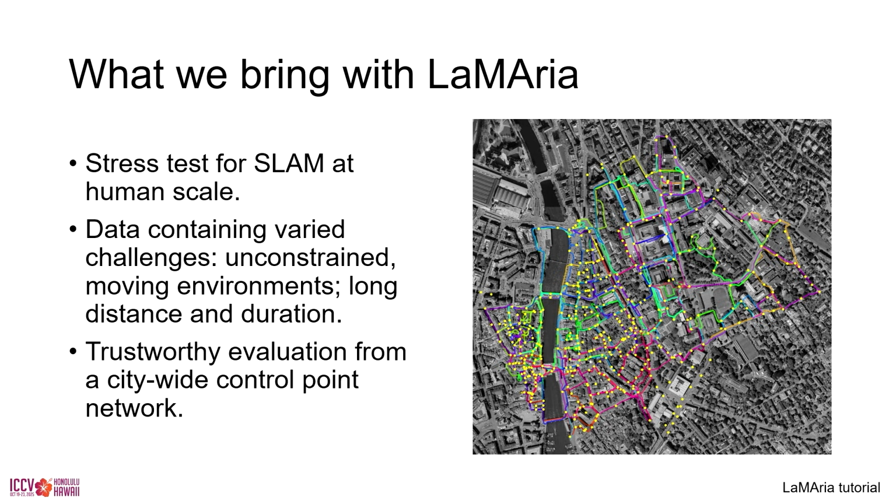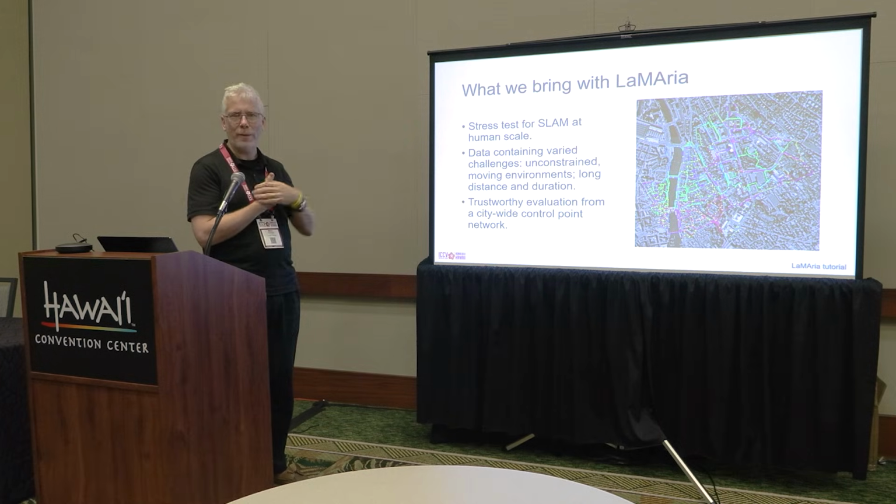There are lots of different challenges, as I mentioned before: unconstrained, moving environments, long distance, and duration, which we made sure to have present in the data. And we have a trustworthy evaluation using surveying techniques at the scale of essentially the whole downtown Zurich area.